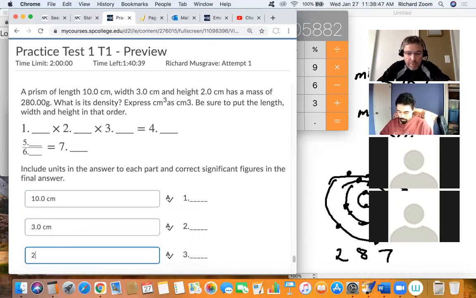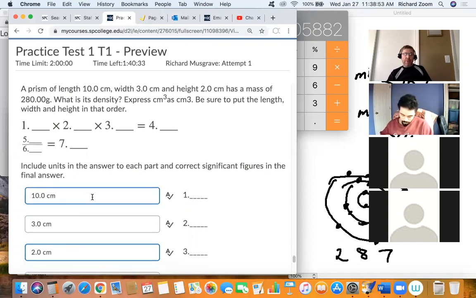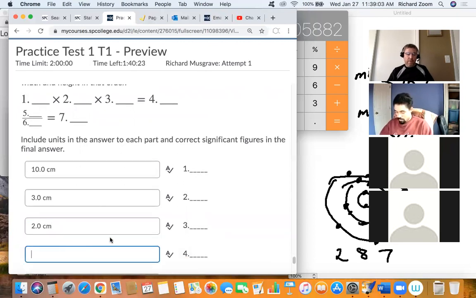And 2.0 centimeters. Now for this one, you don't want to short yourself on the significant figures. So take this out to whatever significant figures you get from that. 10 times 3 is 30, times 2 is 60. So I know it's going to be 60.0 centimeters cubed on the units.